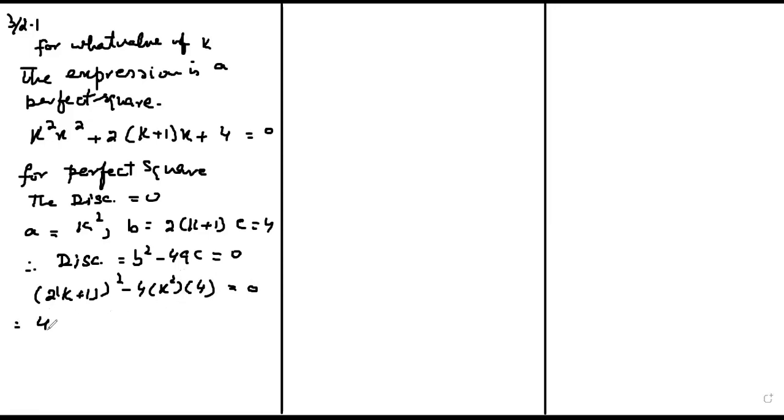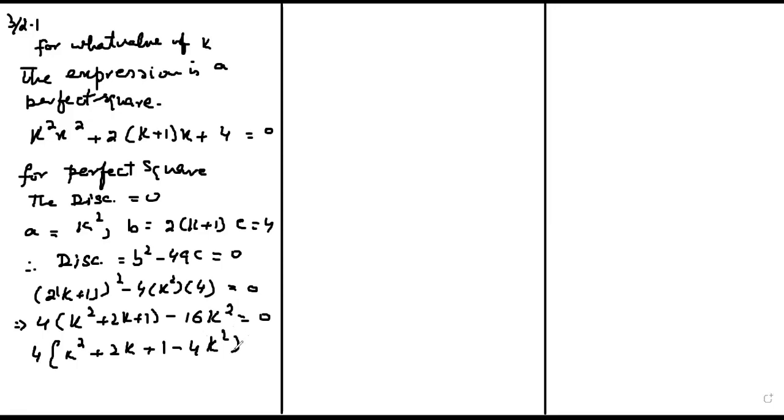So we have 4 times k square plus 2k plus 1 minus 4 times k square, sorry, 16 times k square equals to 0. Taking 4 common, so we have k square plus 2k plus 1 minus 4k square equals to 0. So we have 4 is not equals to 0, means minus 3k square plus 2k plus 1 equals to 0.